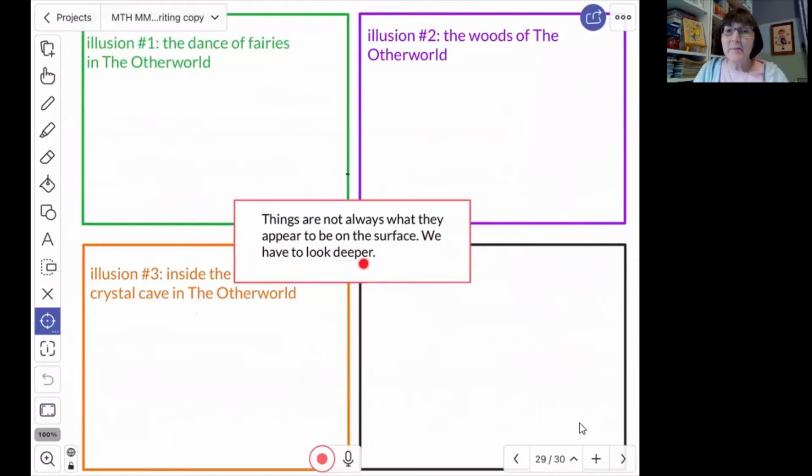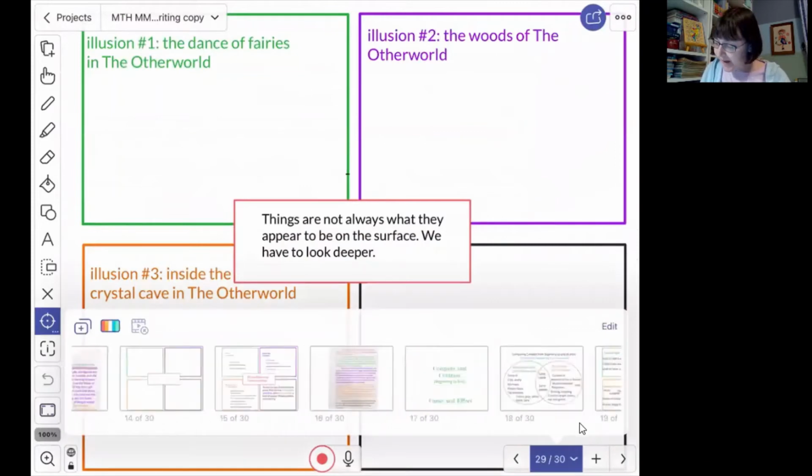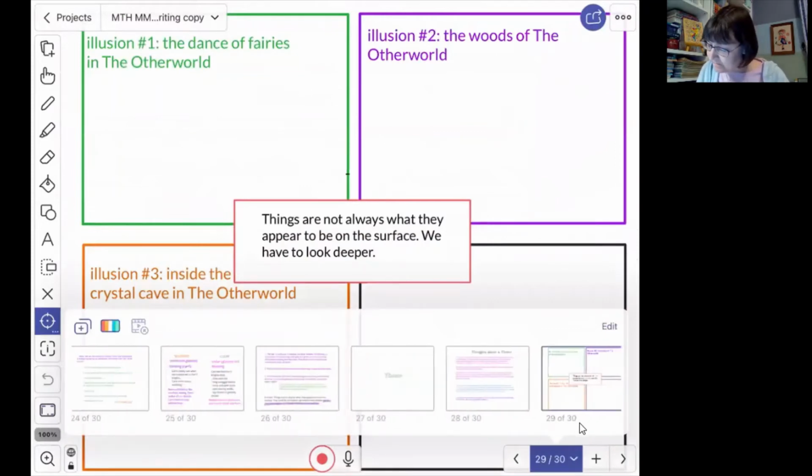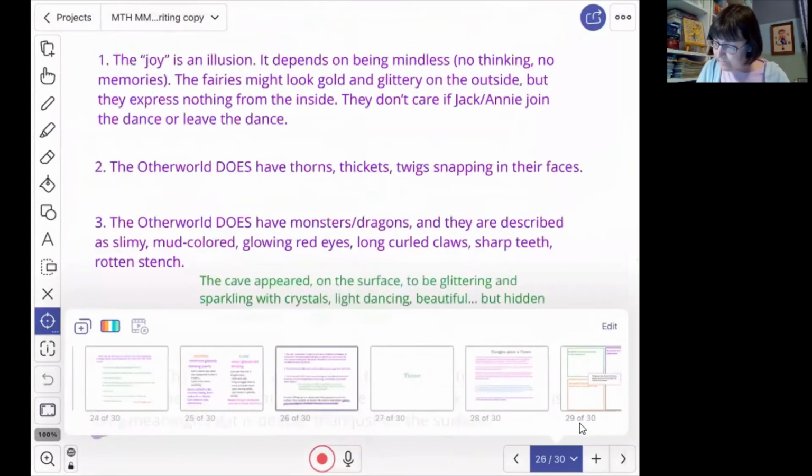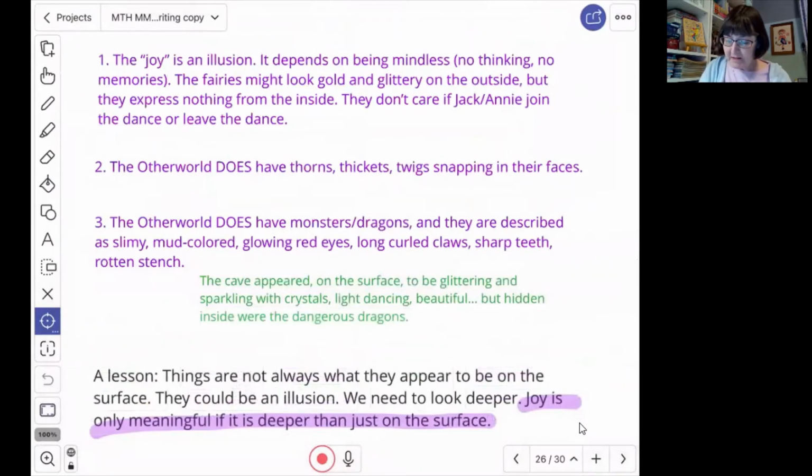So then I remembered what I had been thinking about in the other world. I went back to this slide.